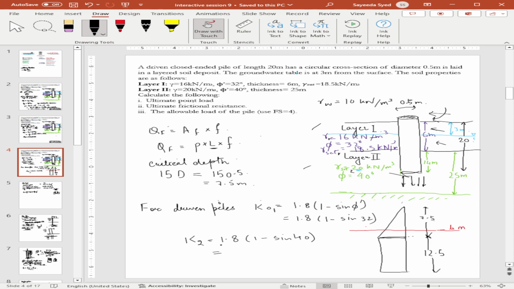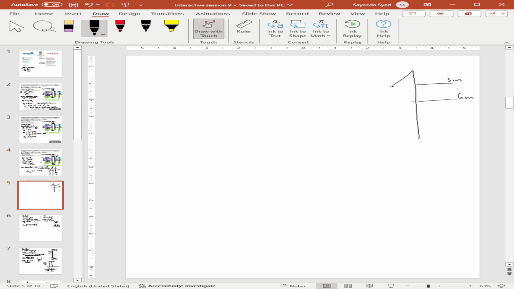This is at 6 meters. This is at 3 meters. So this will be K1, gamma 1. Let this be H1, H2, H3, H1.